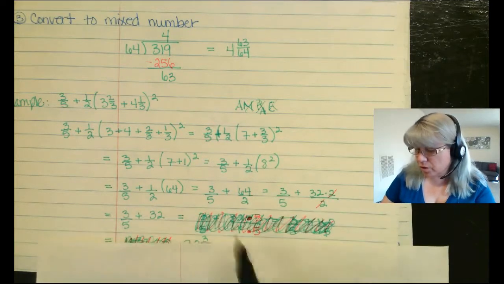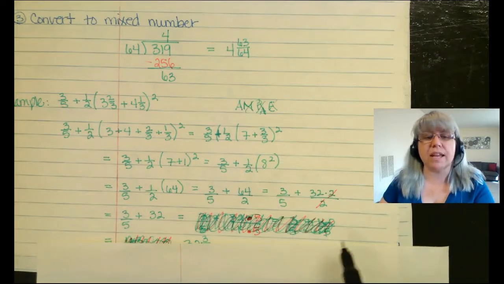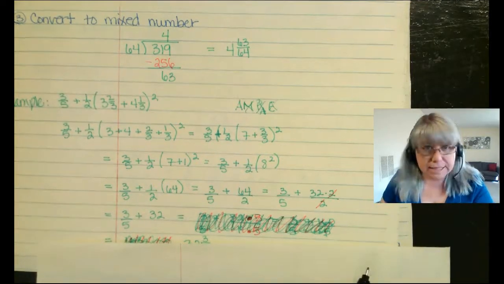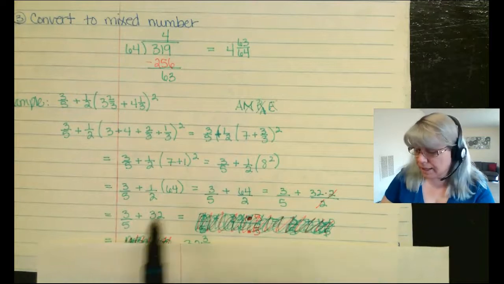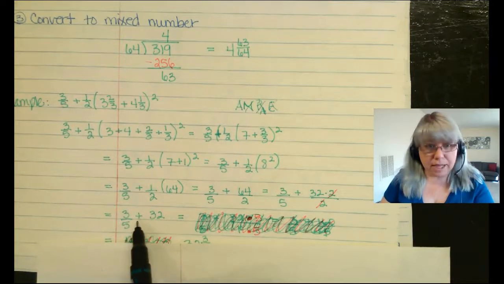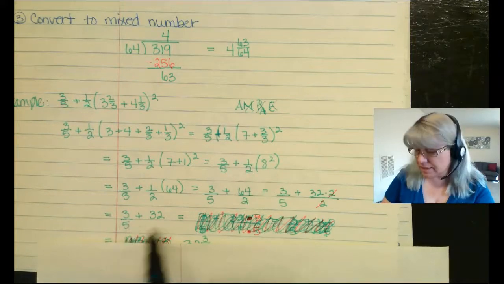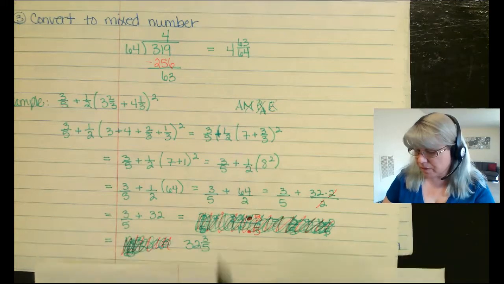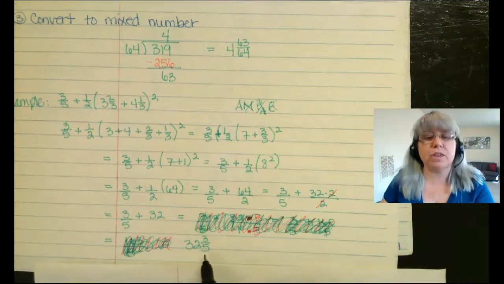Now, you can go through the whole thing of finding common denominator and all of that stuff. But what is the definition of a mixed number? It is a whole number plus a fraction. Well, that's the situation we're in. A whole number plus a fraction. Therefore, the answer is 32 and 3/5.